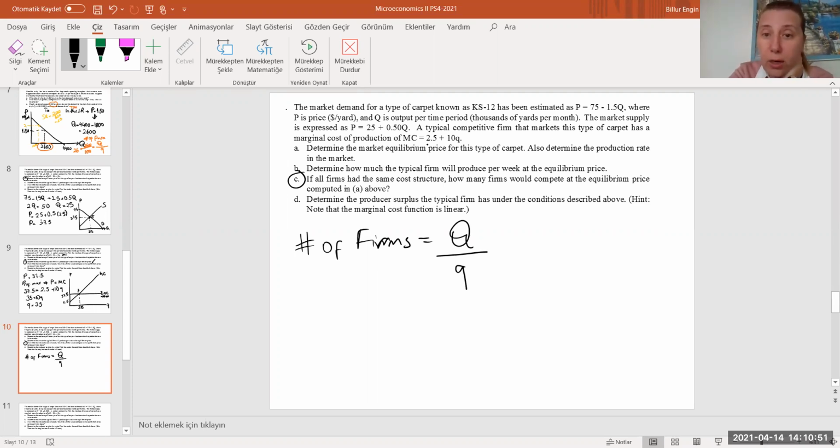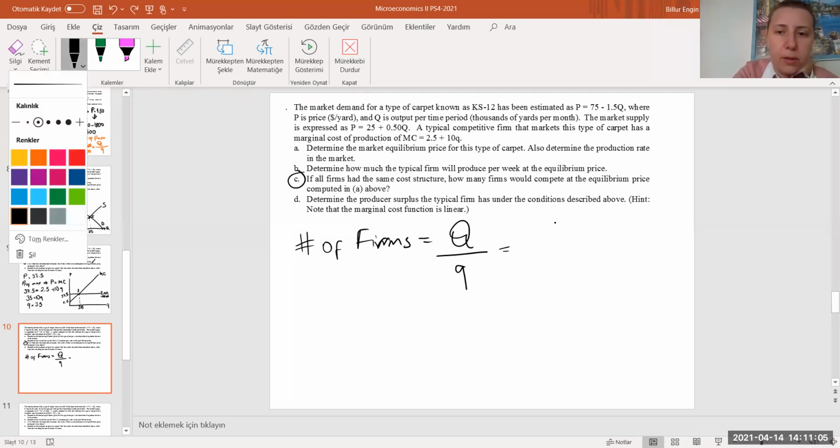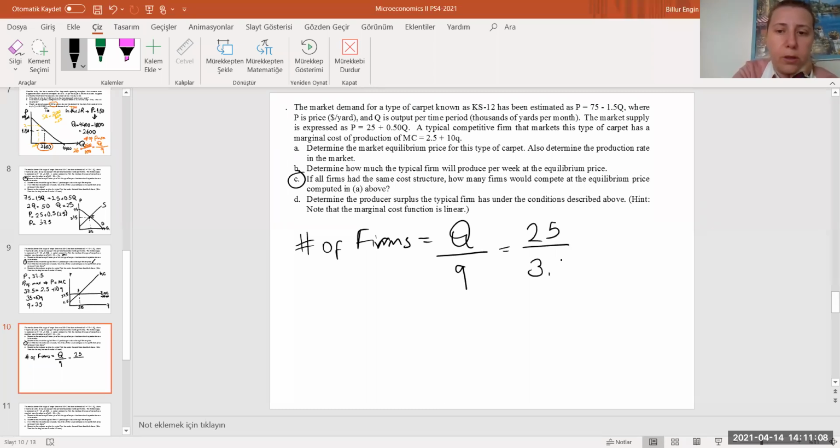If we are talking about a typical or identical cost function, so it is 25, sorry, 25 over 3.5 is the number of firms. Let's divide them. So, 7.14. Approximately 7 firms. There are approximately 7 firms in the market, we can say.